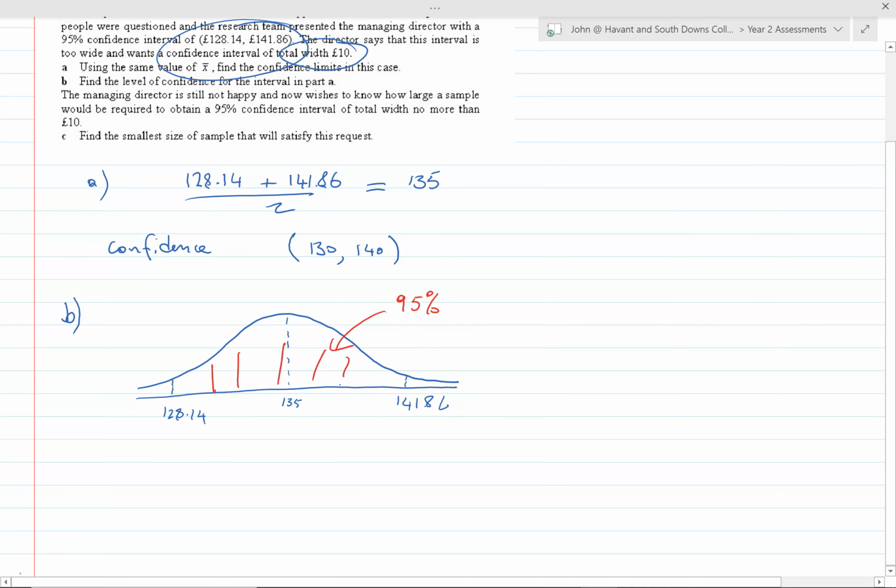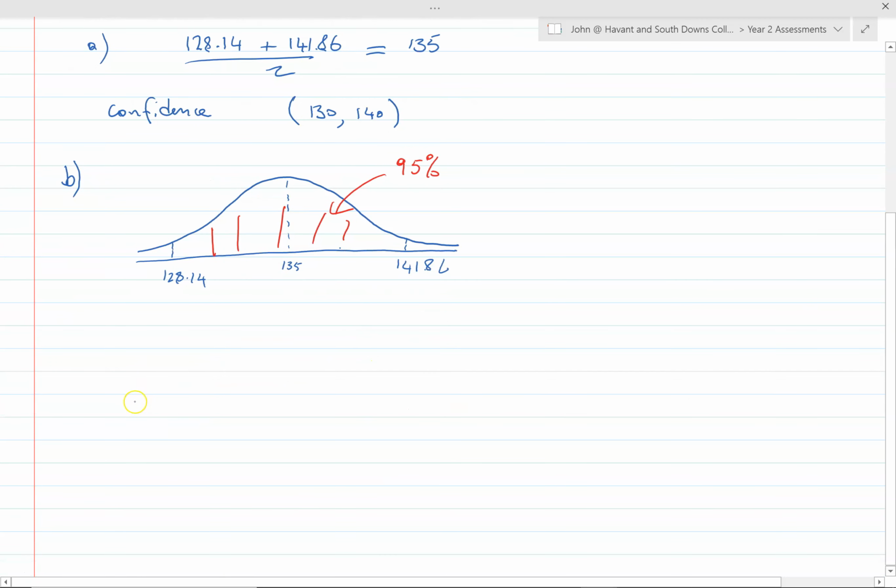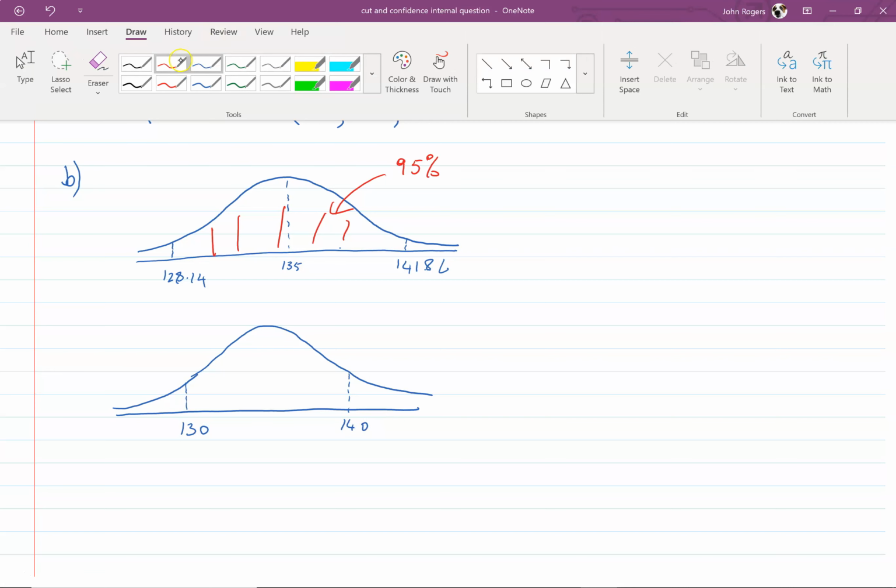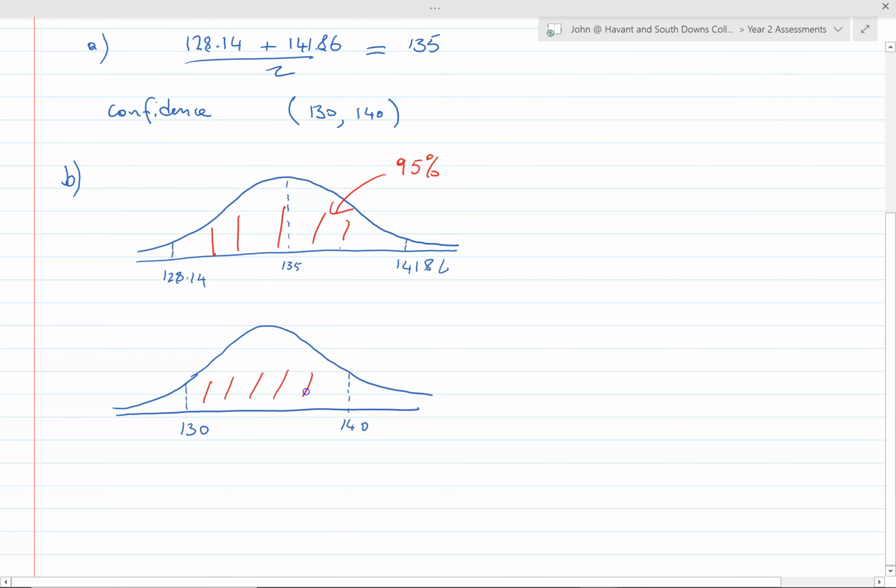And then we've got to use that fact to find what percentage we would have between 130 and 140. It's obviously going to be less because it's a narrower interval. So we're trying to find that.